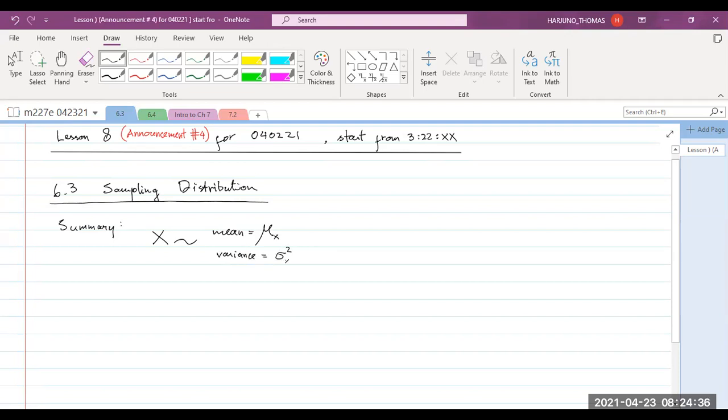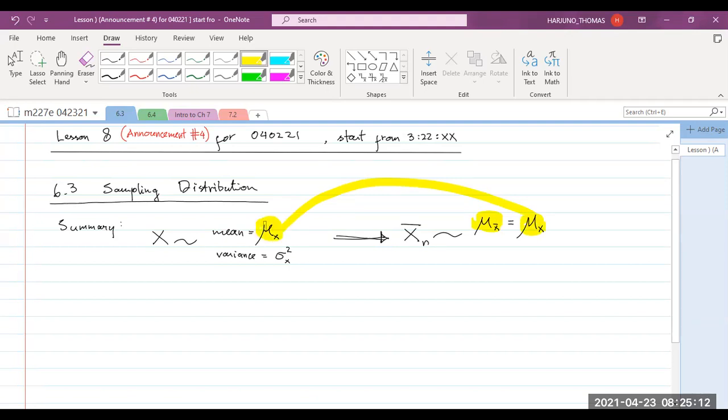Let me put subscript X to explain that it's from distribution X. Now then, if we do sampling of size n, then the mean of this sampling distribution will be equal to the original mean. The mean of this sampling distribution will be the same as this mean.